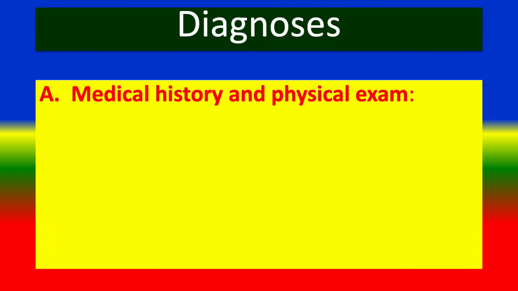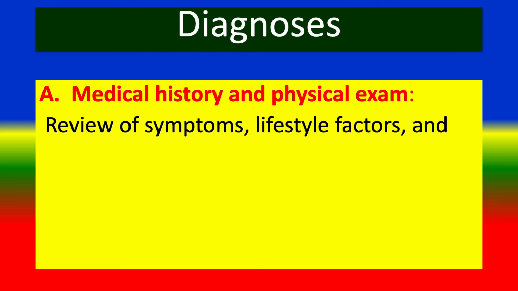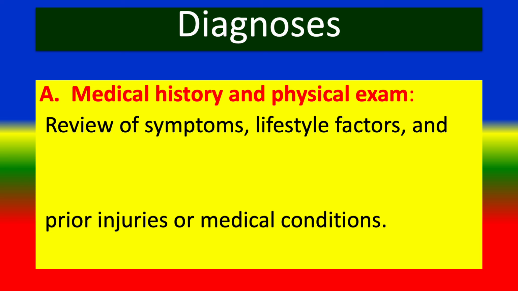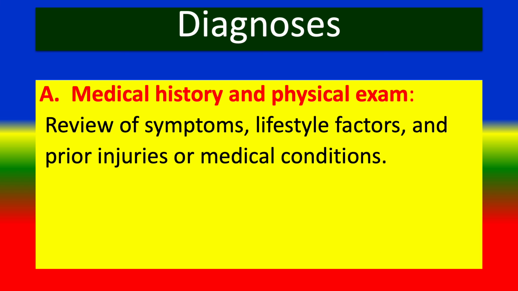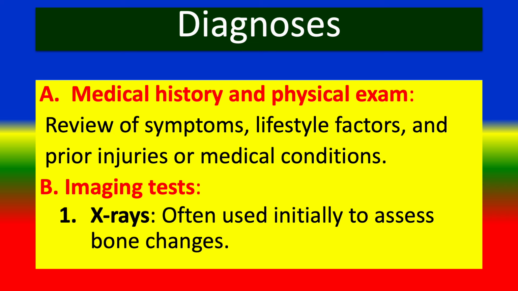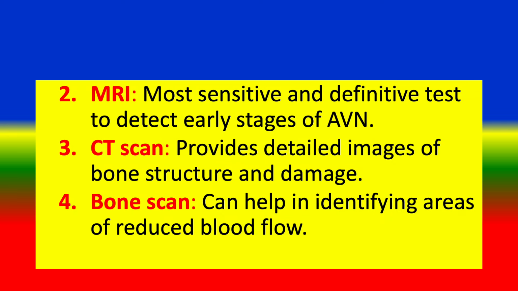Diagnosis. A. Medical history and physical exam. Review of symptoms, lifestyle factors and prior injuries or medical conditions. B. Imaging tests. 1. X-rays, often used initially to assess bone changes. 2.